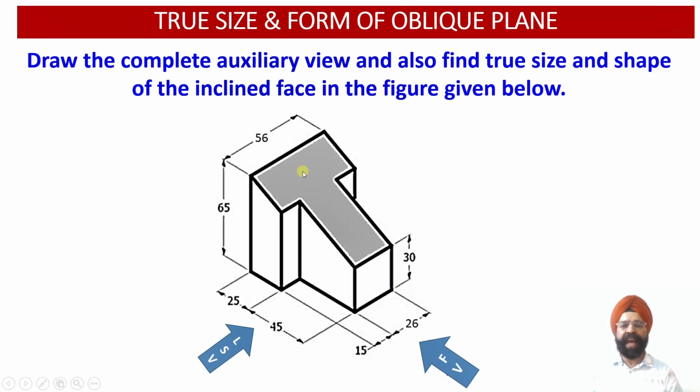Once we have this auxiliary plane drawn parallel to the section cut surface, the projections of all the points lying on the top surface of this cut section will provide us with the true shape of this cut inclined section surface.